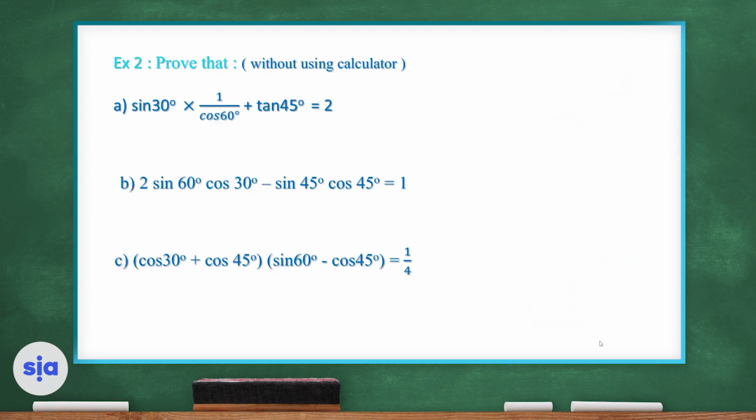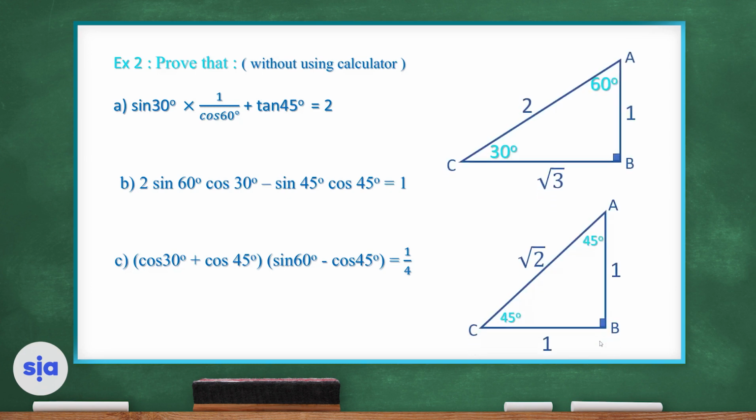Another type of question is asking us to prove that one side equals the other side. And also, this part is without using the calculator. To make your life easier, you can just draw these two triangles aside and look at them while you're solving.